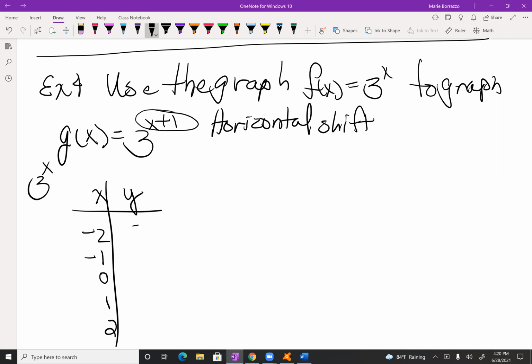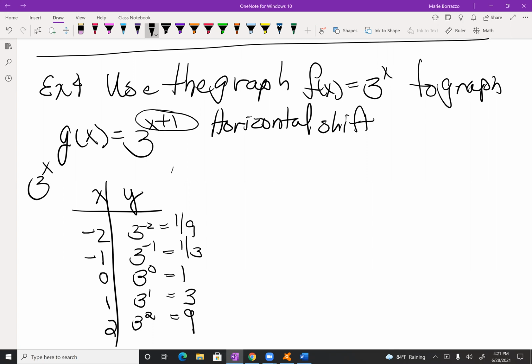So this becomes 3 to the -2, 3 to the -1, 3 to the 0, 3 to the 1, and 3 to the 2 with the original values. So this will give us 1/9, 1/3. This gives us 1. This gives us 3. This gives us 9.